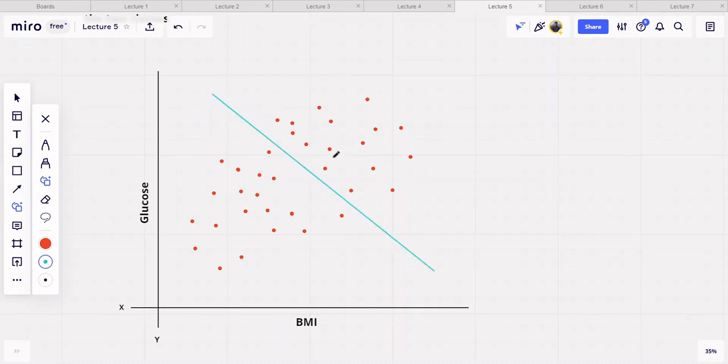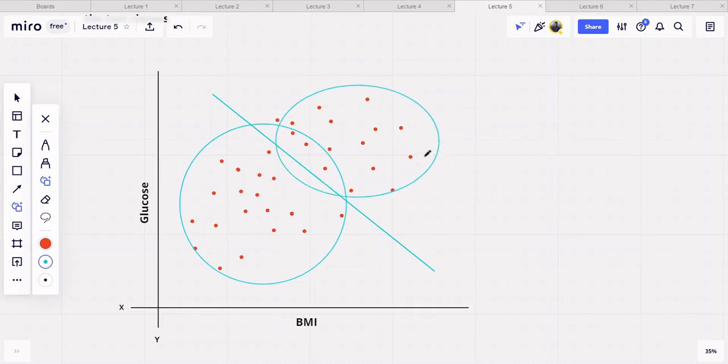Once the model trains and finds the best line that separates our entire data set into two parts, it will decide a threshold boundary. Once this line is decided, all the values below this line will belong to a particular category, and all the values above this line will belong to another category.